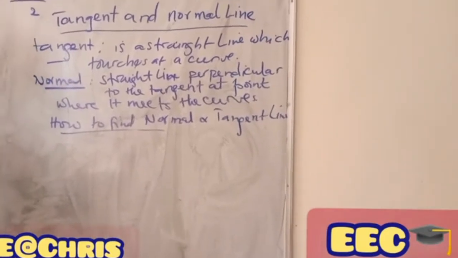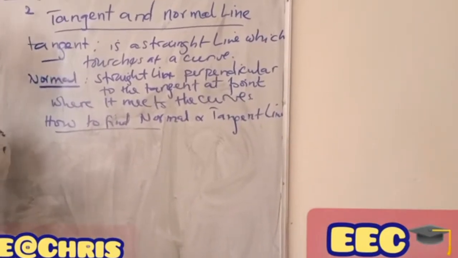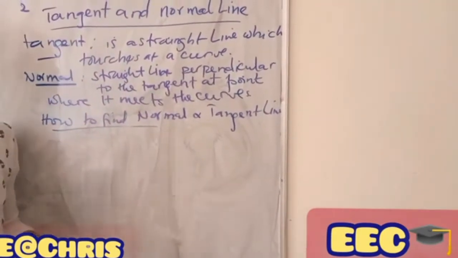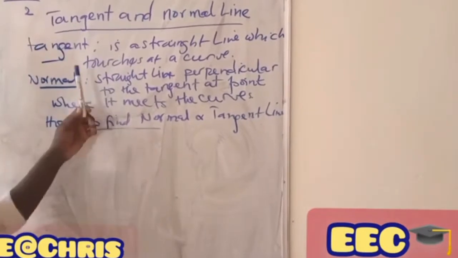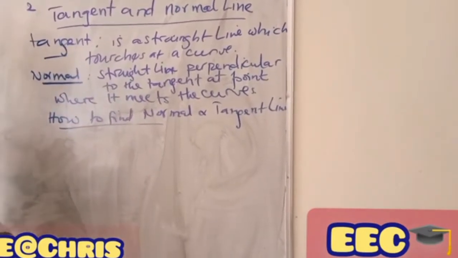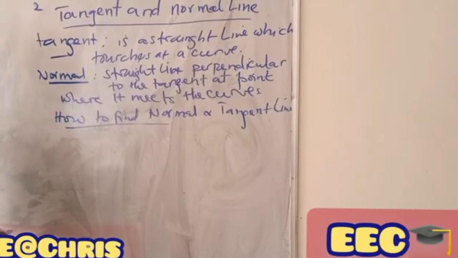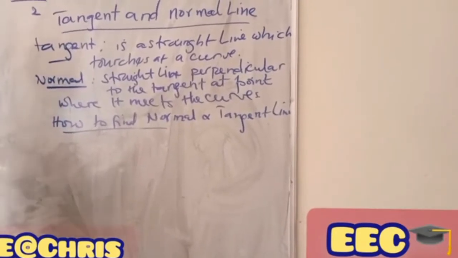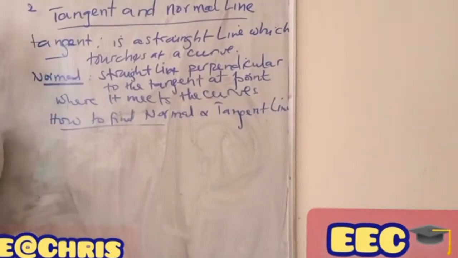But now we are going to use examples and apply those formulas in our questions to solve for the normal line and the tangent line, making sure that the tangent is a straight line which touches the curve, whereas the normal line is a straight line perpendicular to the tangent at the point where it meets the curve.